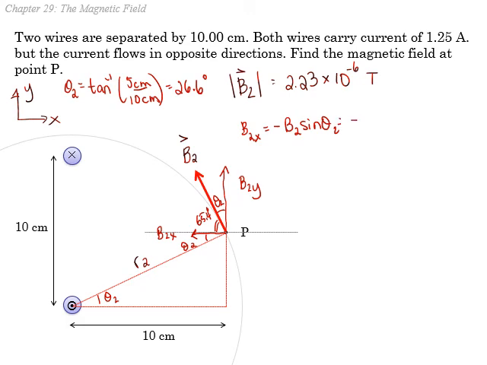That's equal to minus 9.99 times 10 to the minus 7 teslas. B2y is plus B2 cos theta 2, plus because it points up. So plus 1.99 times 10 to the minus 6 teslas. Next, we'll put it all together and find our vector sum.